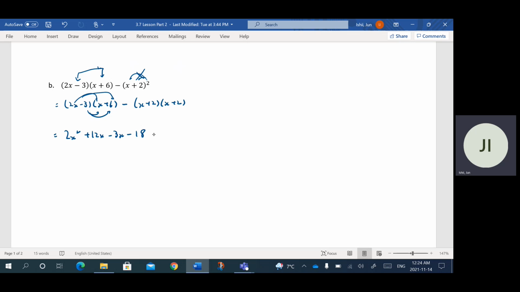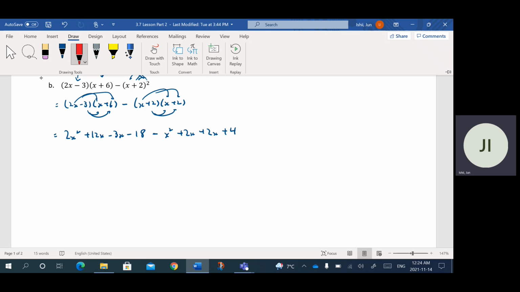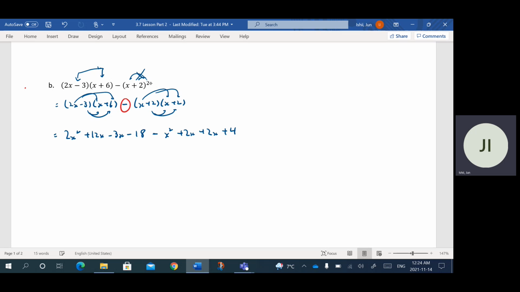Then over here, after the minus, I can do the same thing. x times x, and so on. We get x squared plus 2x plus 2x plus 4. One of the key things you need to realize is that since we are subtracting this product, we actually have to subtract the whole expansion.